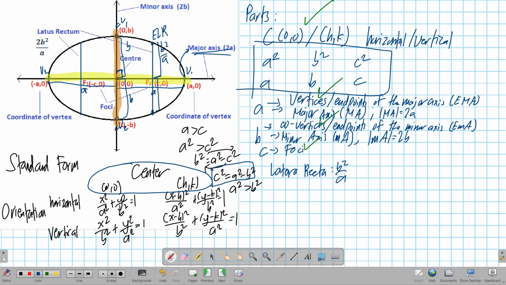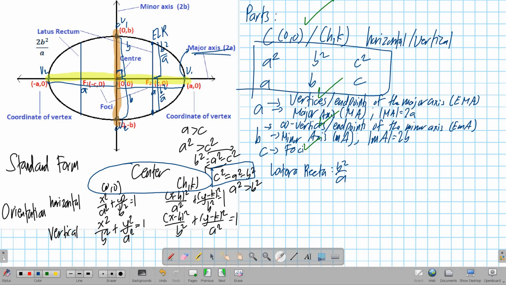And this is also b squared over a. Meaning, it's b squared over a that we add or subtract to the coordinates of the focus depending on the orientation of the latus rectum. As we can see here, this ellipse is horizontally oriented, and both latera recta are vertical.